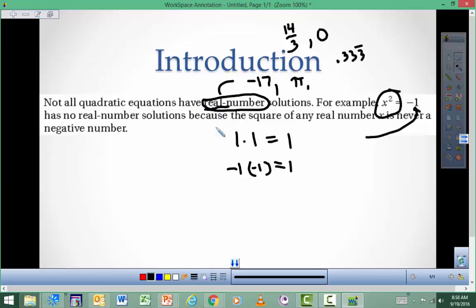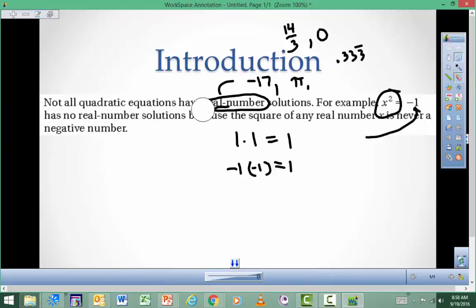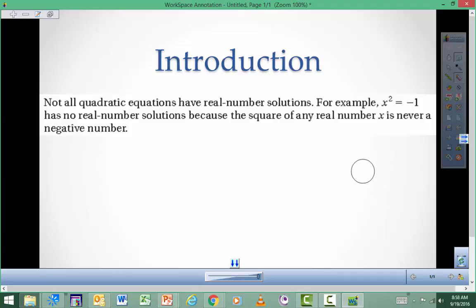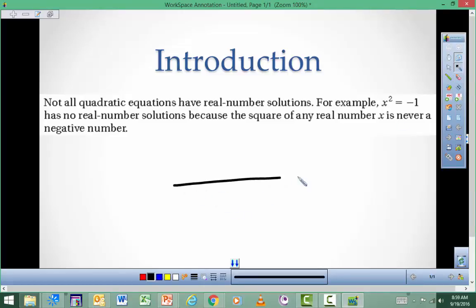But we could use fake numbers. Oh, not really. They're not really fake. It just requires a new number, and mathematicians were kind of wondering, what if we make a new number that will make this happen, because this can happen. I mean, not all parabolas cross the x-axis.